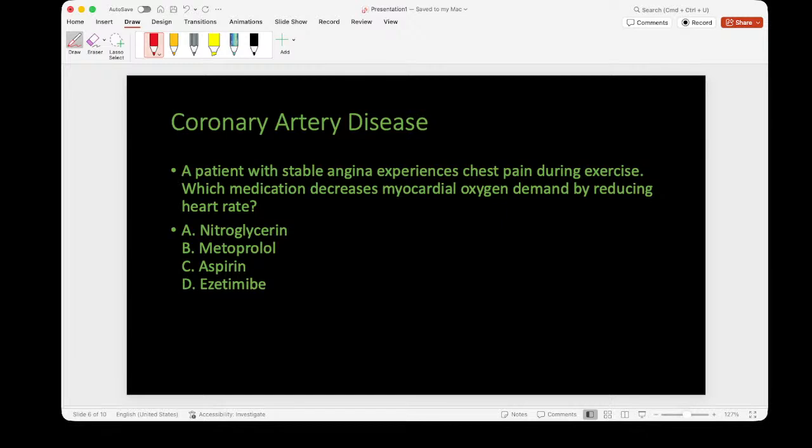Now you can see metoprolol as a rate decrease, or you can see aspirin maybe as a blood thinner, but it's not really going to work as much as nitroglycerin, which is going to help with the oxygen demand reduction overall.